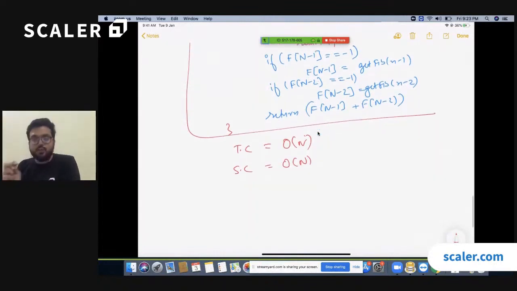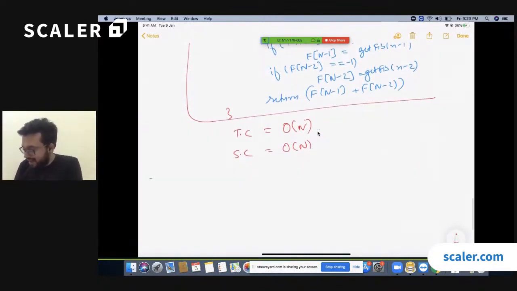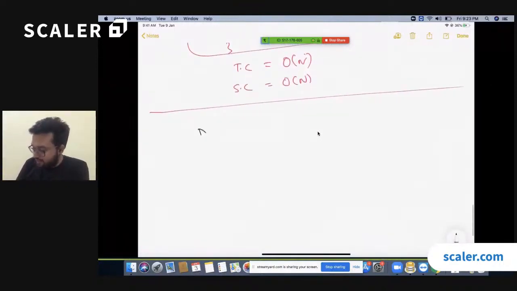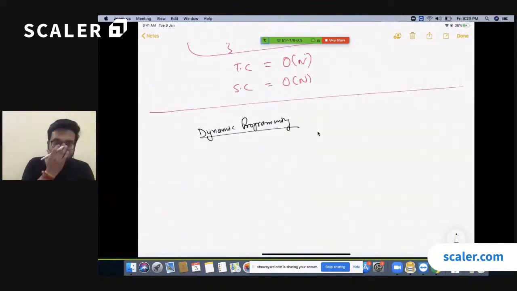So now let's actually move to a lot more interesting problems on dynamic programming. And before that, let me give you the formal definition here, which will help us figure out when to use dynamic programming. The formal definition is that a problem can be modeled as a dynamic programming problem if it has two features. So what are the features for a problem to be modeled in dynamic programming?